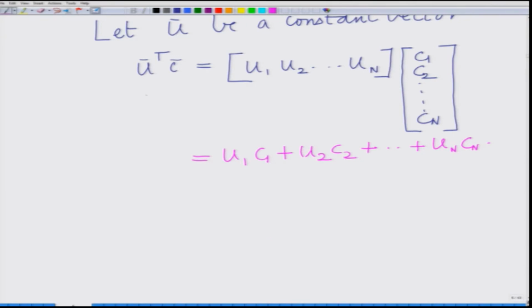We already said this u bar is a constant vector. So, this is my u bar transpose C bar.